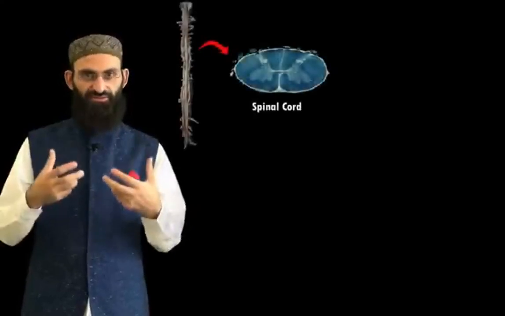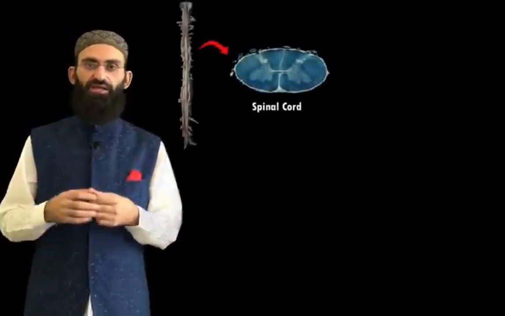Lower motor neurons are the neurons that innervate skeletal muscles. So skeletal muscles of the head and neck region are innervated by lower motor neurons located in the brainstem or cranial motor nuclei, and skeletal muscles of the upper and lower limb are innervated by lower motor neurons located in the anterior horns of the spinal cord.